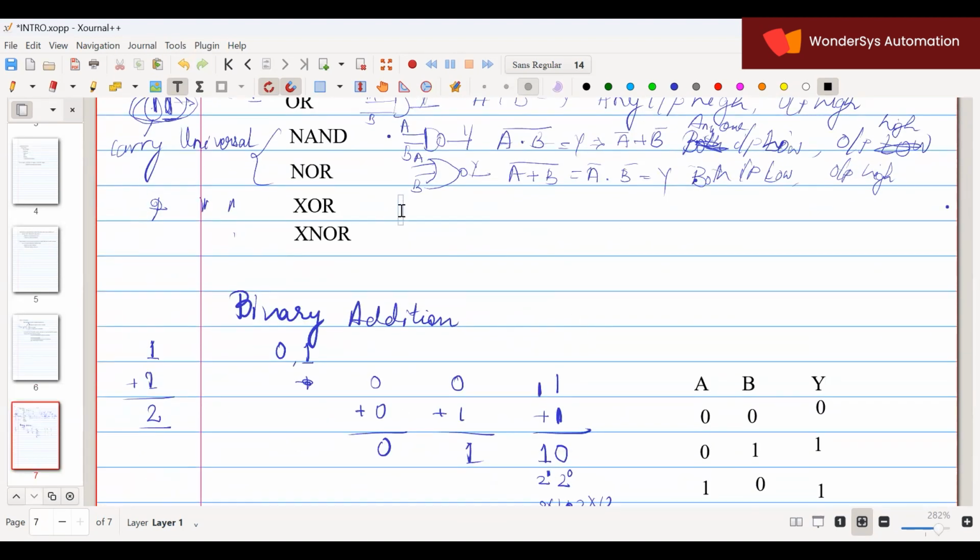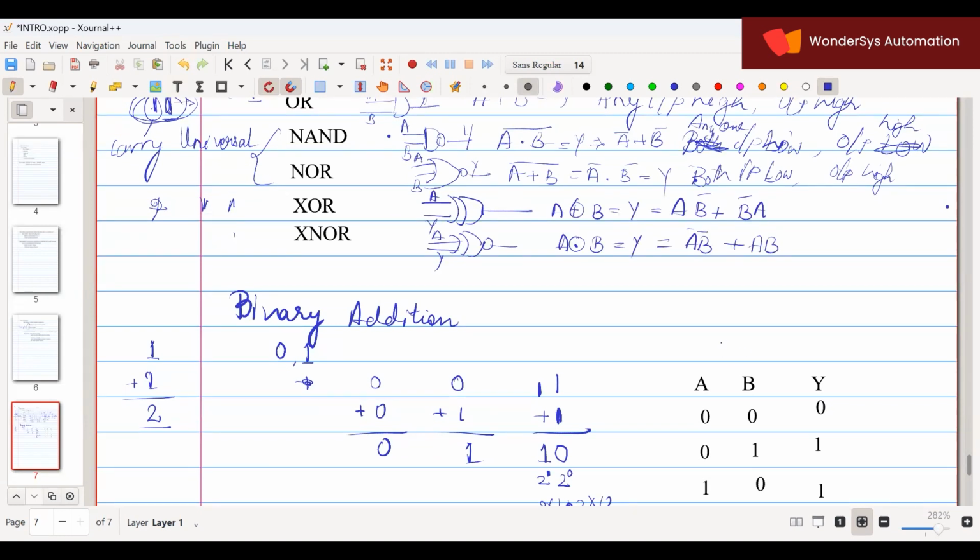Now XNOR is nothing but the complement of the XOR gate. Understood? Any confusion? Please share me the XNOR truth table.